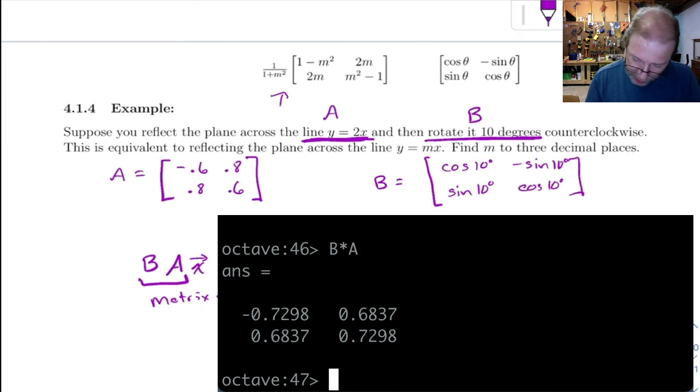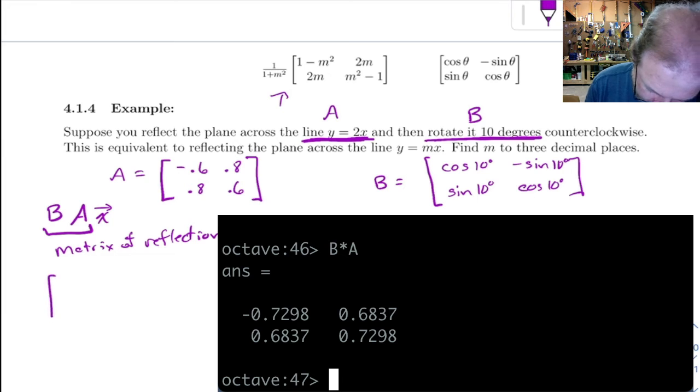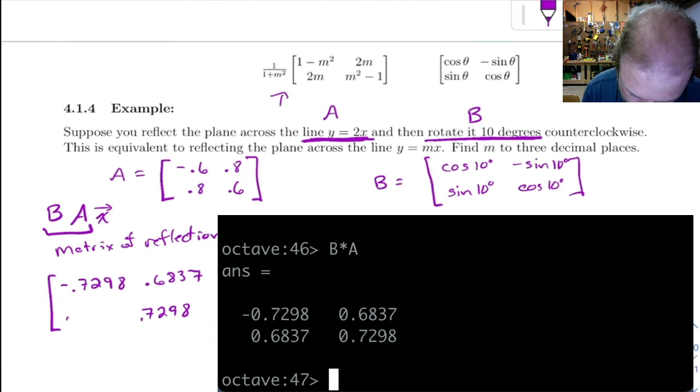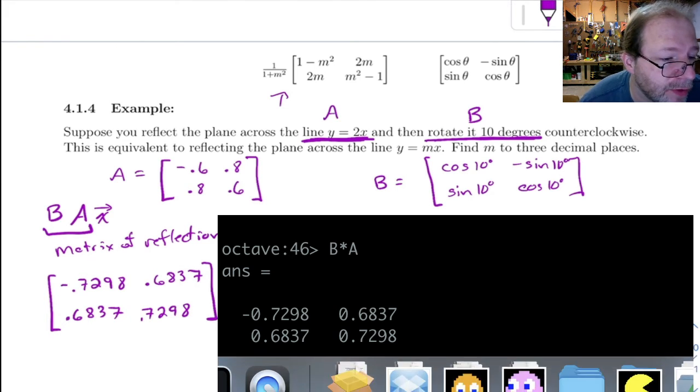So our reflection matrix then is negative 0.7298, and same thing down here, positive, and then 0.6837 for the others. All right, so that is our reflection matrix.